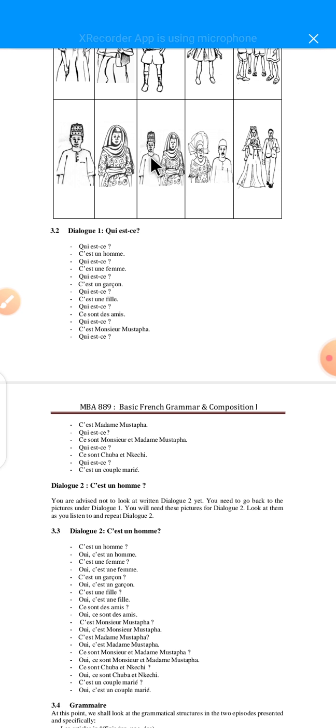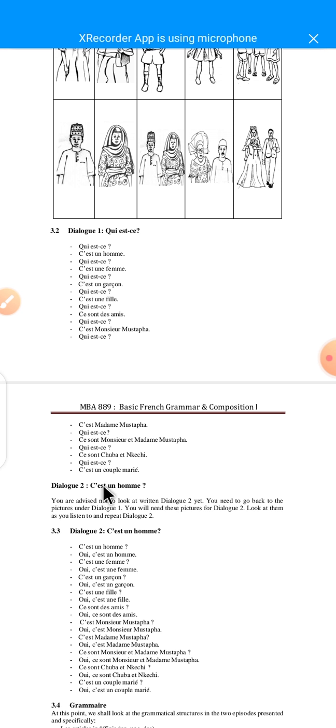So this is the picture here for that dialogue. Qui est? Who is it? Ce sont Chuba et Nkechi. They are Chuba and Nkechi. Qui est? Who is it? C'est un couple marié. Who are they or who is it? They are married. It's a married couple.